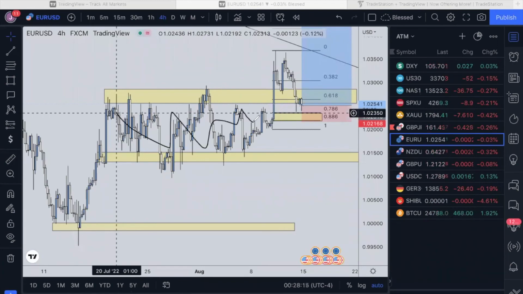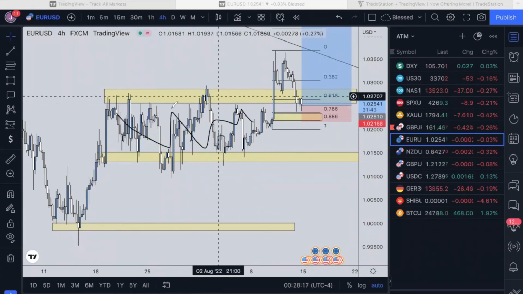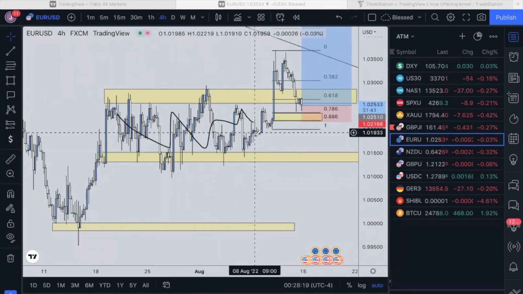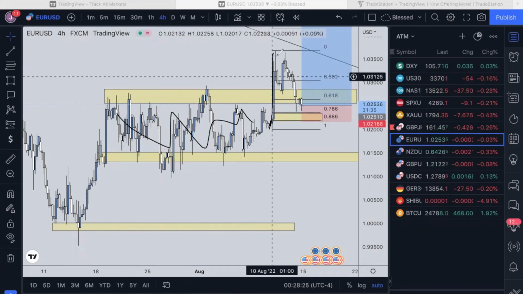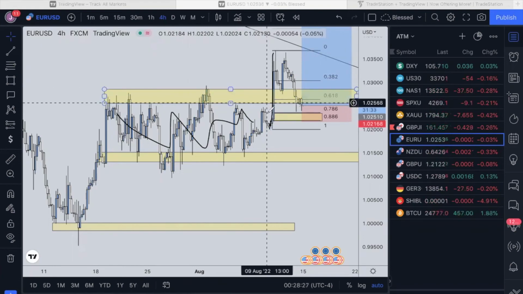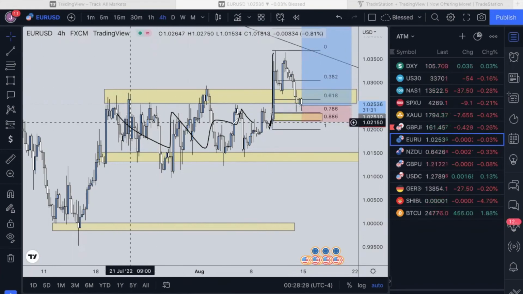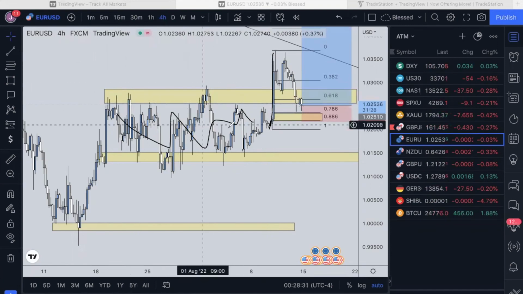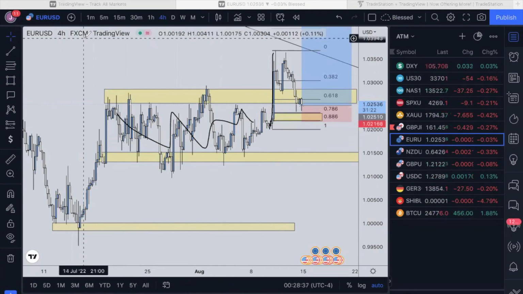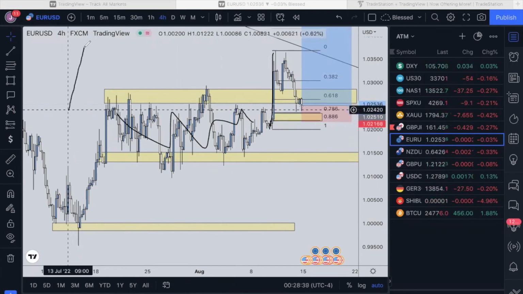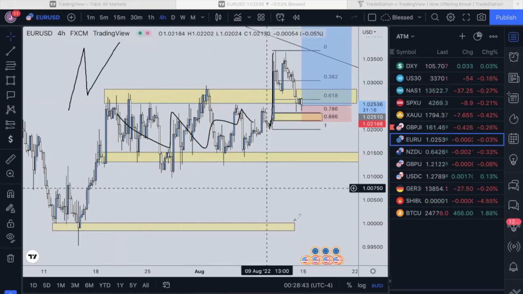All this is consolidation, so I couldn't really draw my fib within here. However, if you look, we get this strong bullish movement, buying pressure, and it broke above the consolidation that we had, broke above resistance. So what I'm expecting is a pullback to a key fib level, because as you know, if we get a strong push up, you can expect a pullback or a retracement to continue going up.